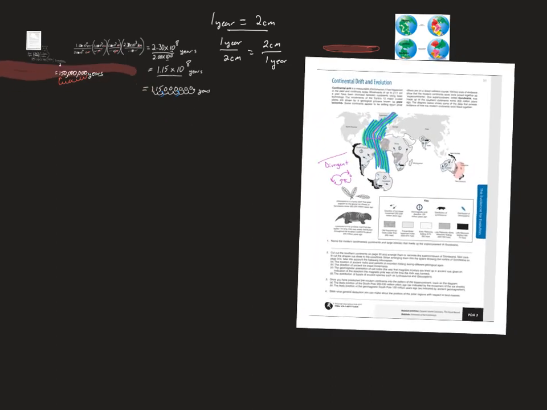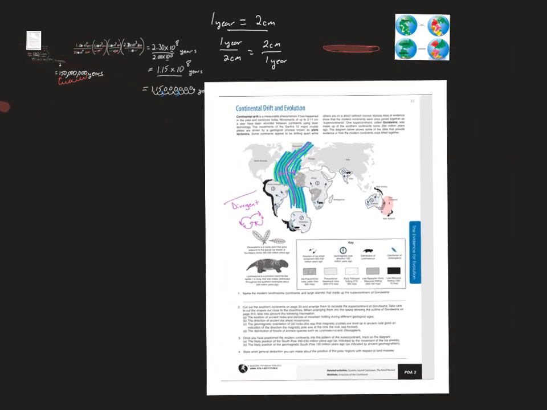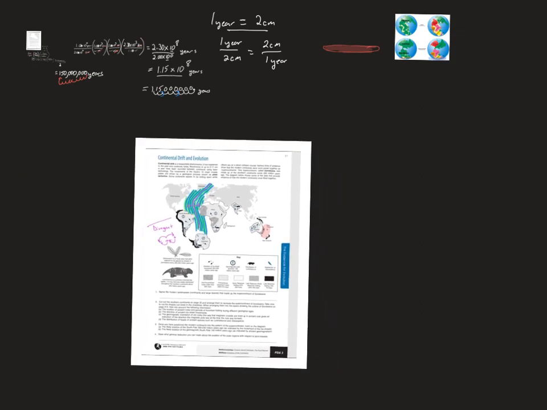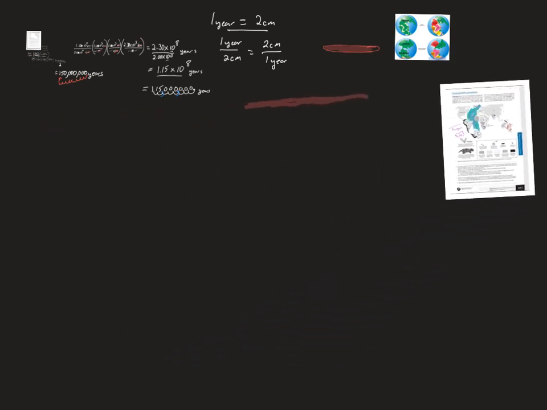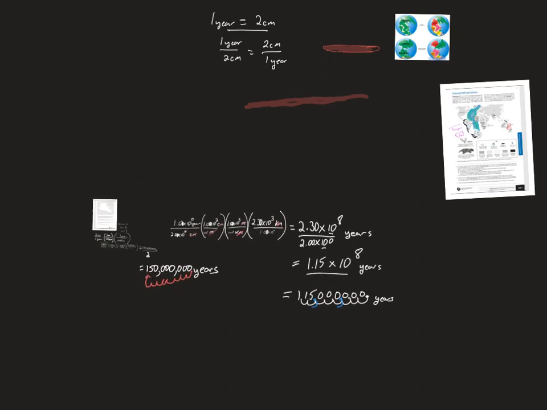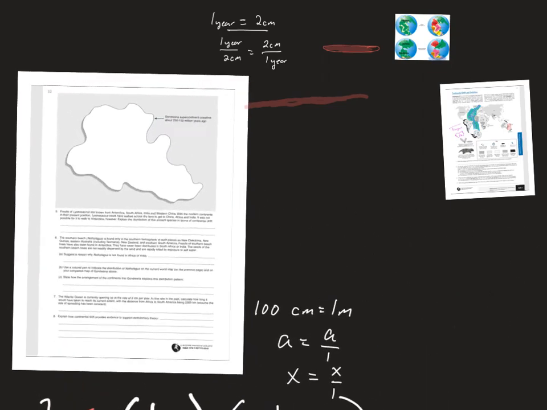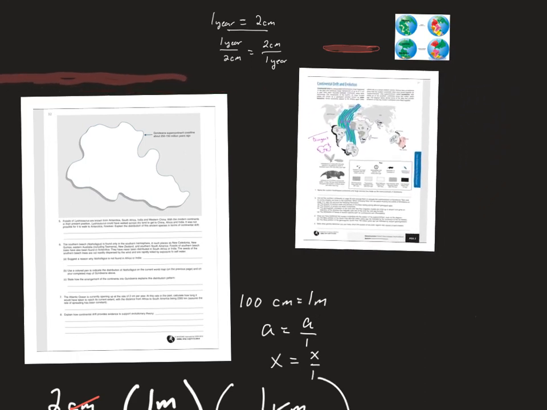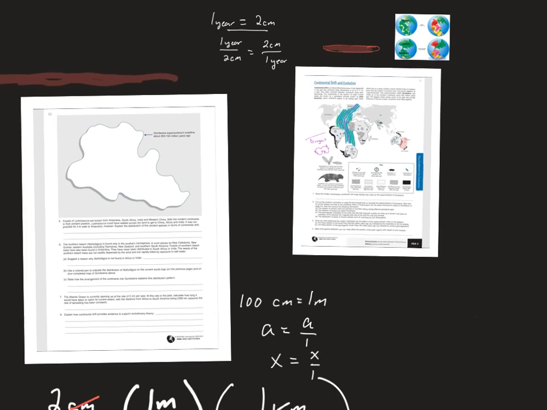So in any case, the continental drift concept really does help to understand evolution, because it helps explain the distribution of fossils around the world. And in fact, a lot of these fossil finds line up with the concept that Pangea existed.